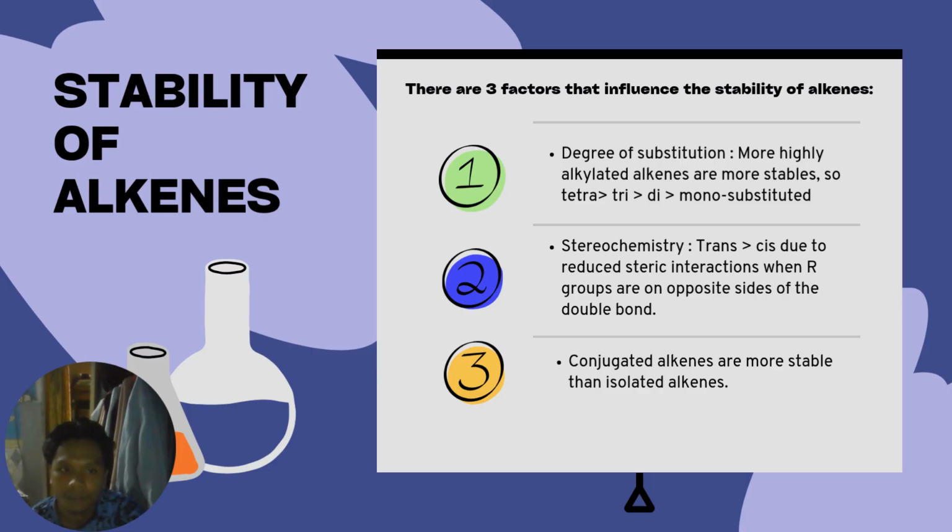Trans-alkenes are generally more stable than cis-alkenes because the larger groups are located on opposite sides of the double bond. This reduces steric repulsion between the groups. Third is conjugation. Conjugated alkenes are more stable than isolated alkenes because the electrons can be delocalized across multiple double bonds, which lowers the overall energy of the molecule.